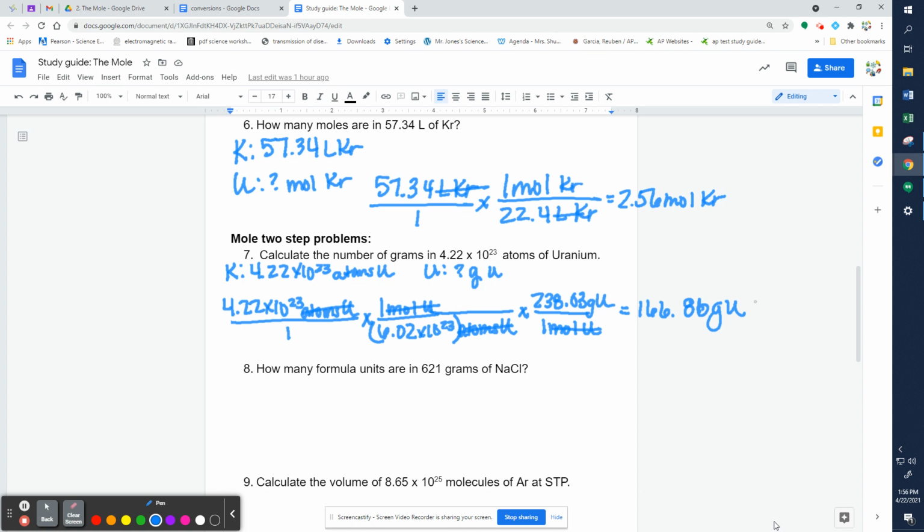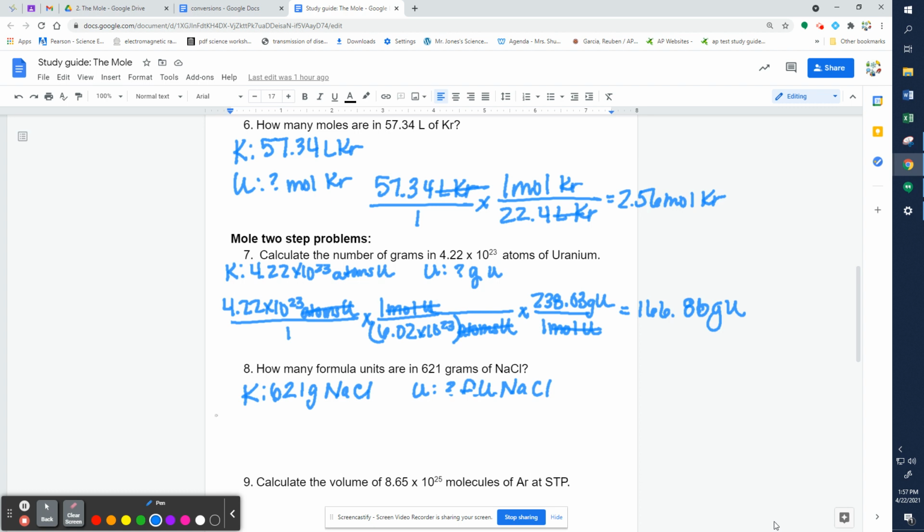For number 8, we have, how many formula units are in 621 grams of NaCl? Known, 621 grams NaCl. Unknown, question mark, formula units of NaCl.